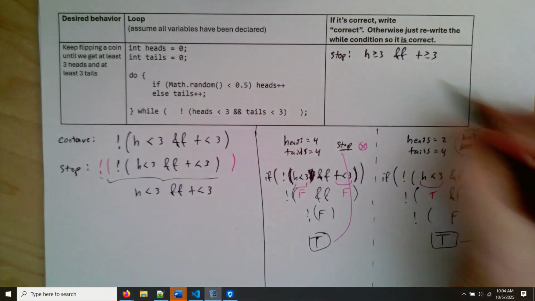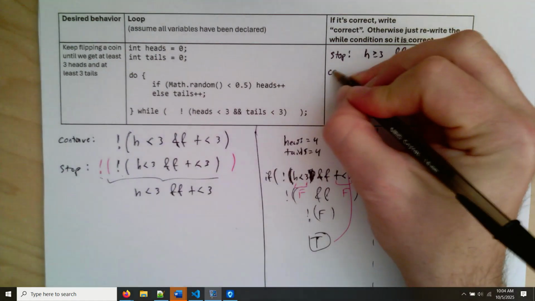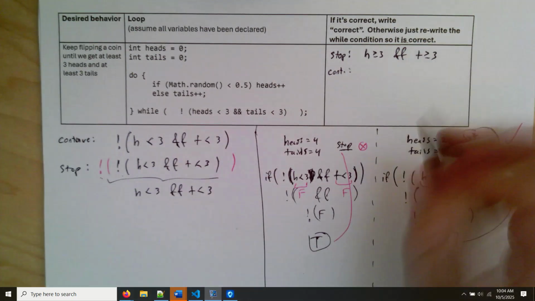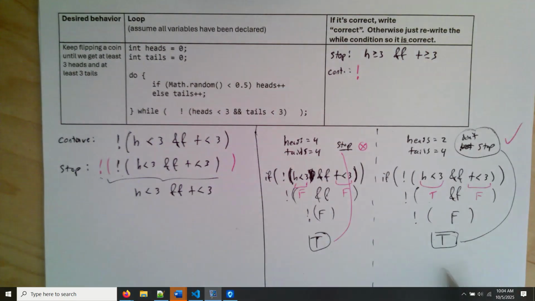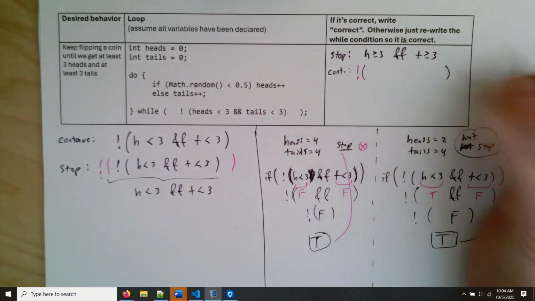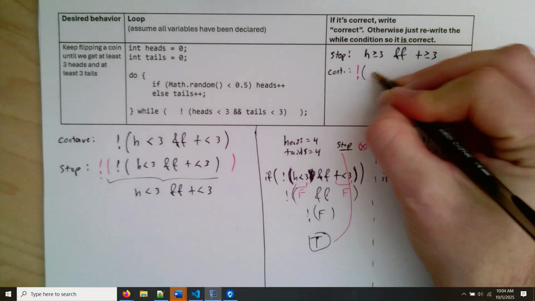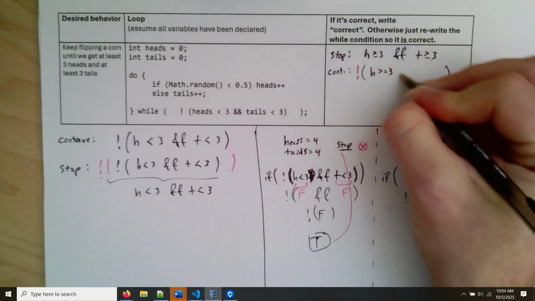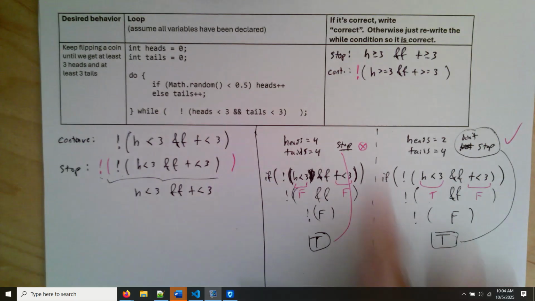Now let's translate that into a condition that would work in my while loop. The continuation condition in my while loop is going to be when it's not true that I'm stopping. If it's not the case that I'm stopping, I want to continue. So not (heads bigger than or equal to 3 and tails bigger than or equal to 3). We could just write that.